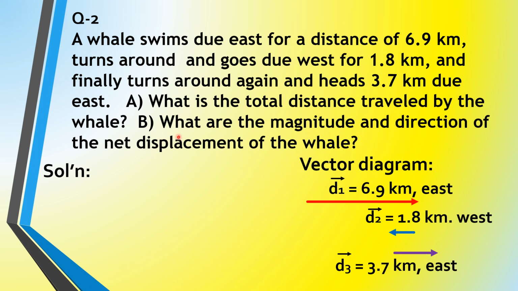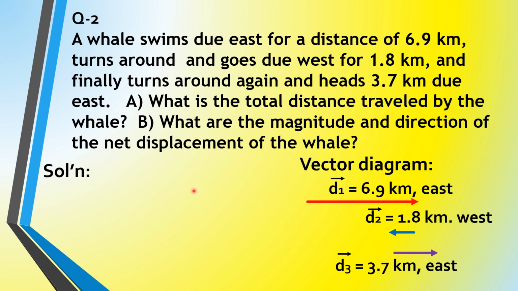For the last question, letter B, what are the magnitude and direction of the net displacement of the whale? Unlike distance, displacement is a vector quantity which specifies both the magnitude and direction of the body's change in position.